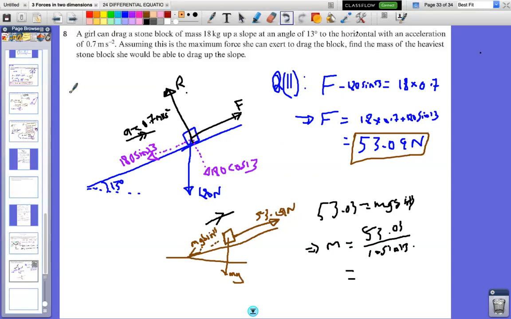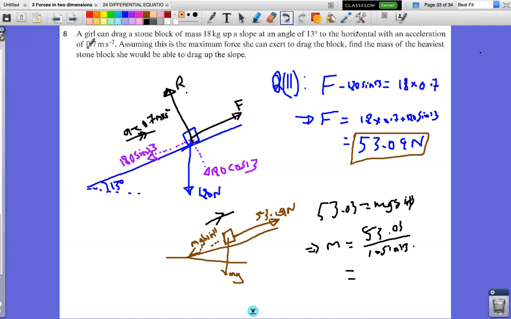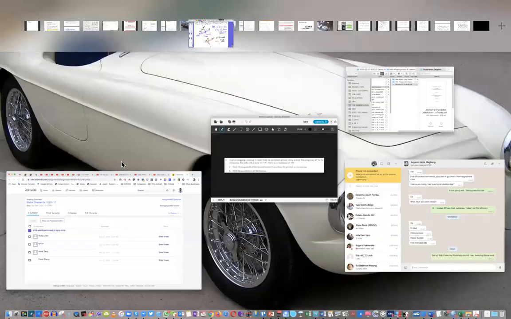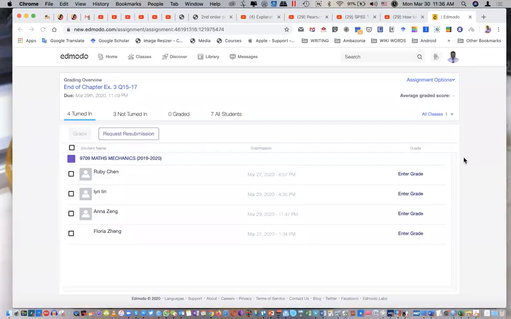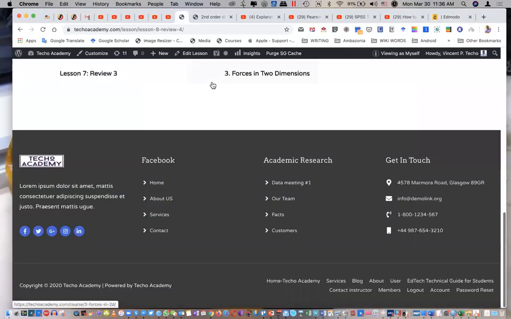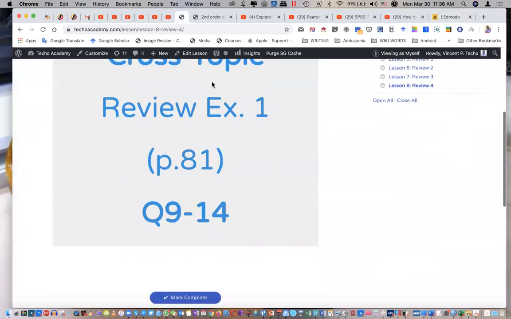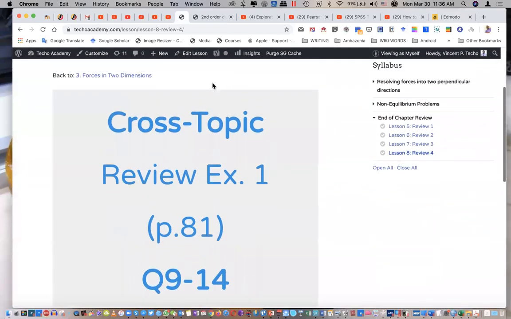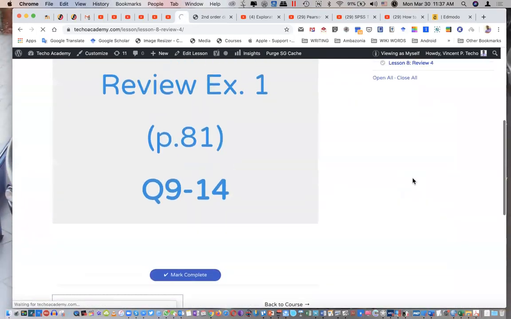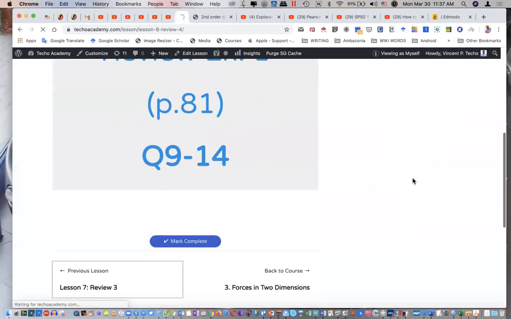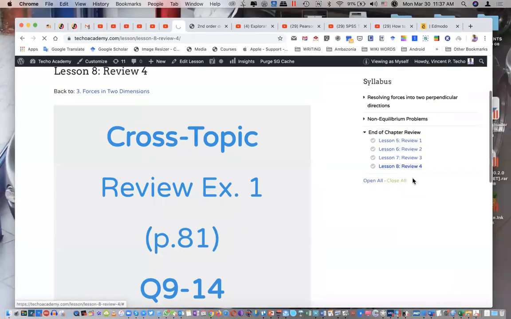For today, your homework will involve looking at cross-topic questions. Cross-topic review, question 1 to 8.